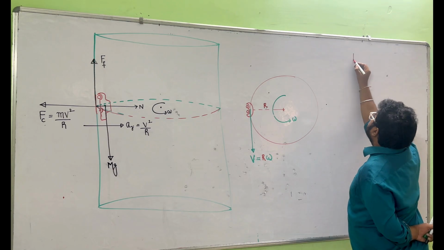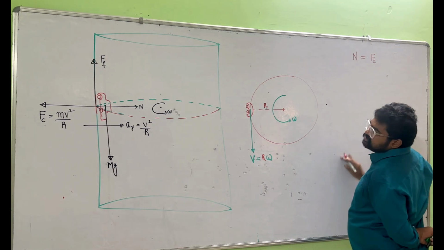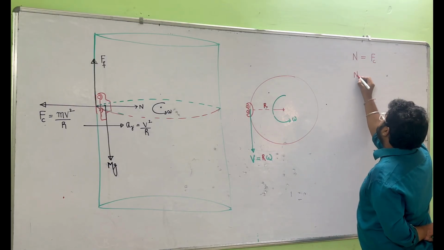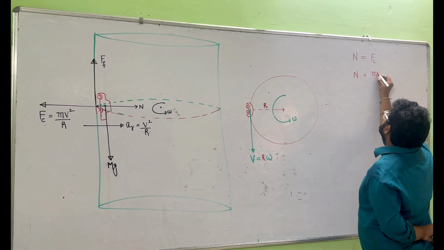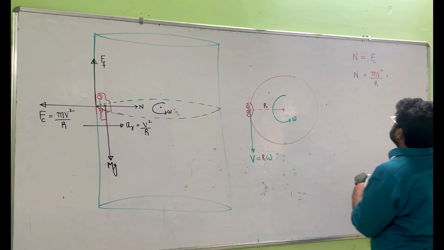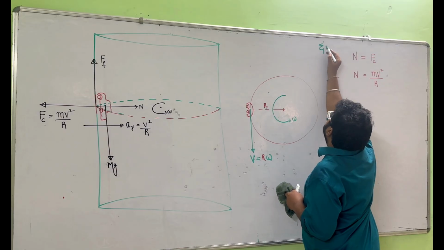What is the normal reaction? Tell me. Centrifugal force, sum of the right forces equal to left forces, N equal to how much? mv² by R. Here sigma Fx equal to 0.